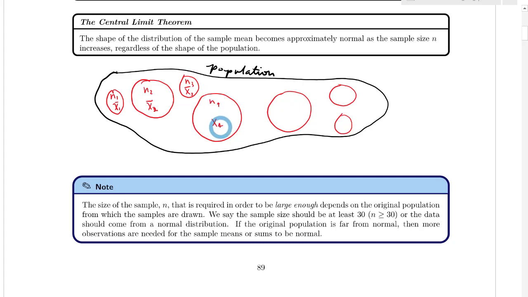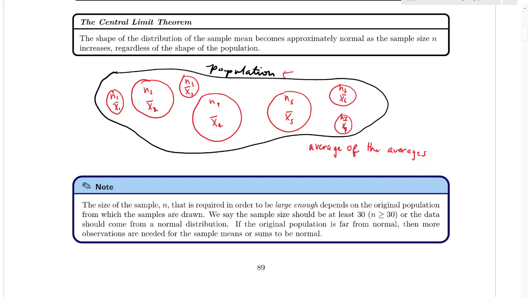If I took the average of these, it would be close to the true population average. So the average of the averages will take us to the true population average, right?